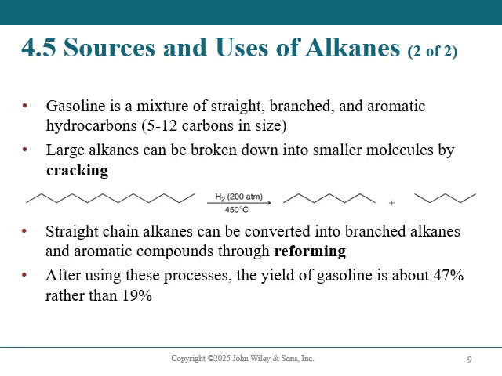Straight chain alkanes can be converted into branched alkanes and aromatics through reactions known as reforming. After using these processes, the yield of gasoline is about 47% rather than 19%. So once you extract all of these compounds that will eventually become the gas that we get at the pump, they undergo some chemical processes before we actually use them, such as cracking and reforming.